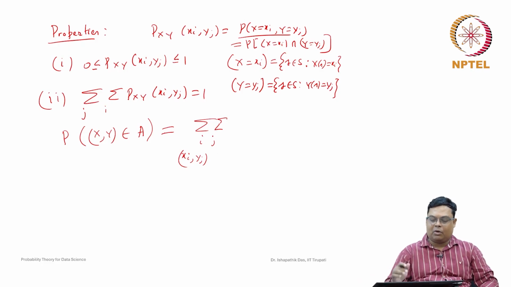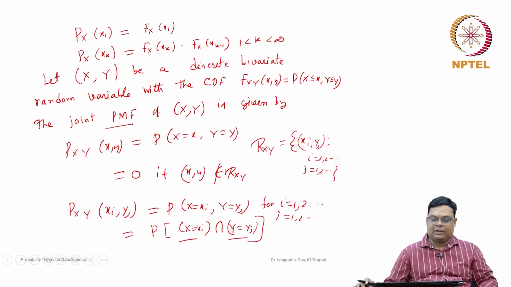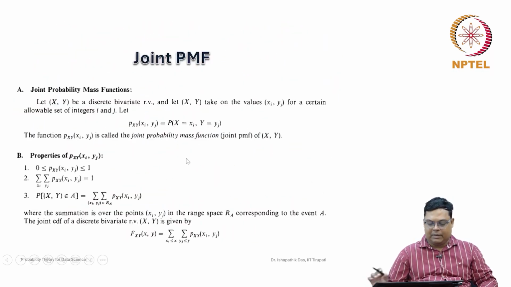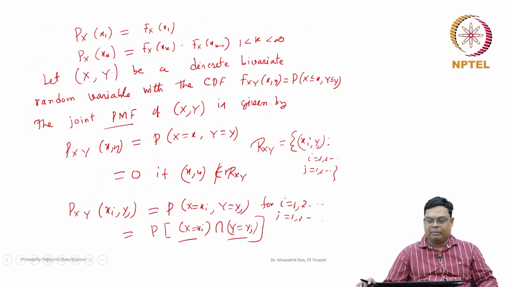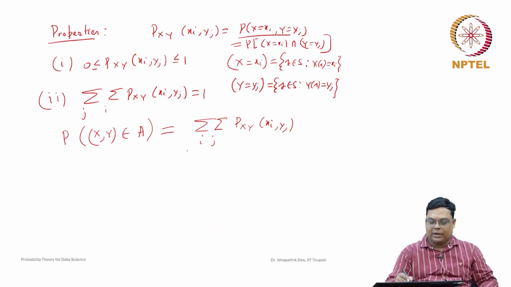So, this is all possible values of x i and y j such that the pair is inside A, that is the sum of p x y of x i, y j. The notation is a little different: x i and y j should belong to the range of A.